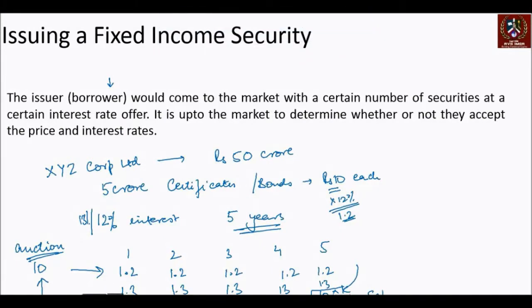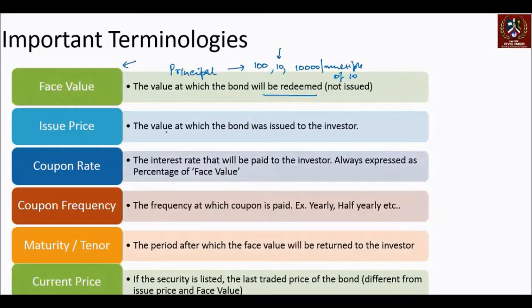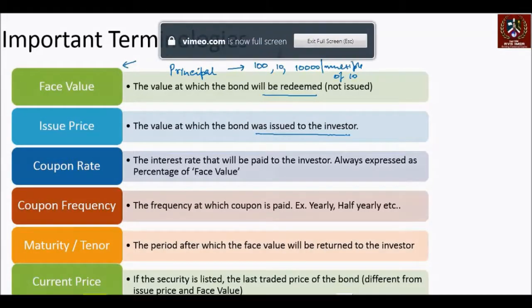This 10 here, which is being given at the end of 5 years, is what the face value is for a bond. It may have been issued at 10 as well. That's the issue price, the value at which it was issued to the investor.